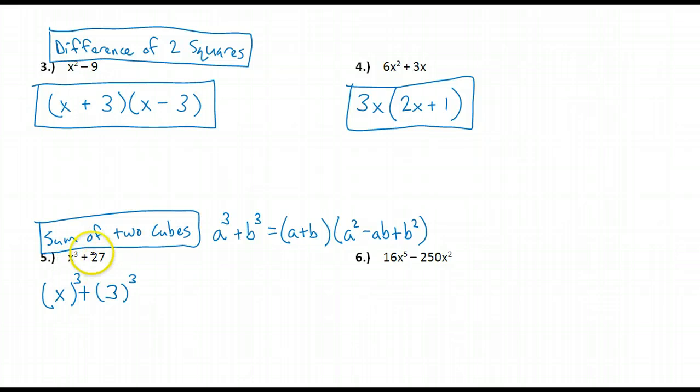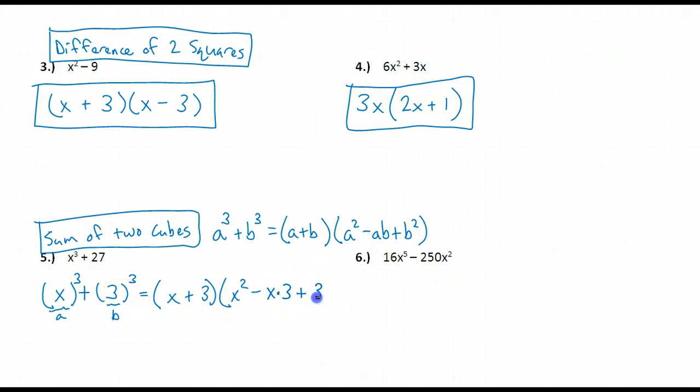So after I've rewritten my polynomial as something cubed plus something cubed, whatever is inside my parenthesis becomes my a and my b. So I plug x in for a into my formula and 3 in for b. So I'm going to end up with x plus 3 times x squared minus a times b, x times 3, plus b squared.